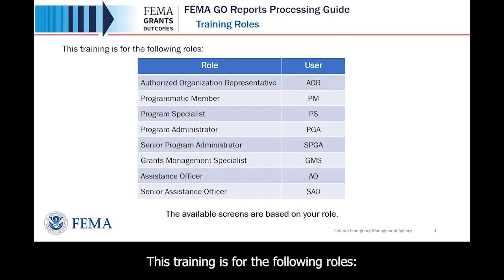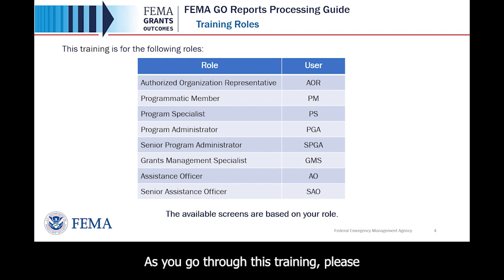This training is for the following roles: an Authorized Organization Representative, AOR, Programmatic Member, PM, Program Specialist, PS, Program Administrator, PGA, Senior Program Administrator, SPGA, Grants Management Specialist, GMS, Assistance Officer, AO, and Senior Assistance Officer, SAO.